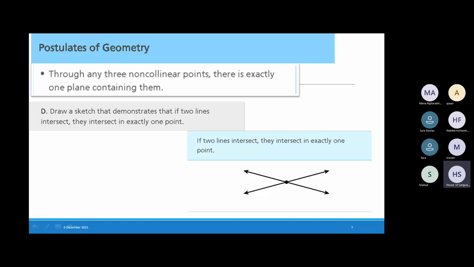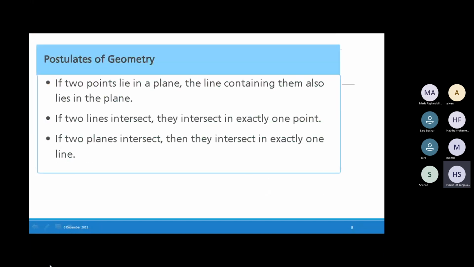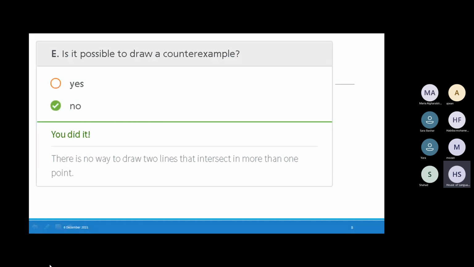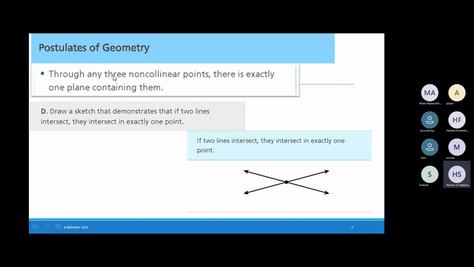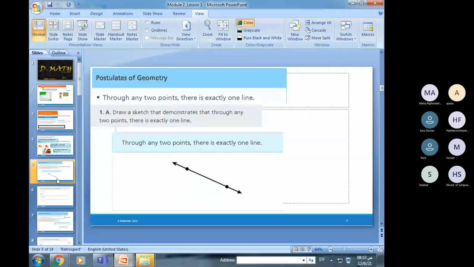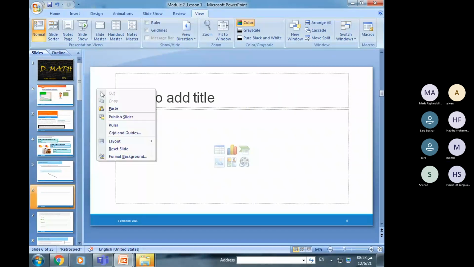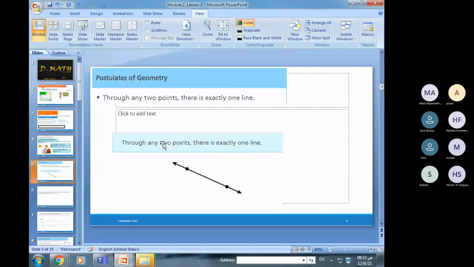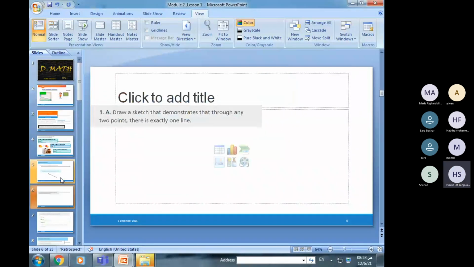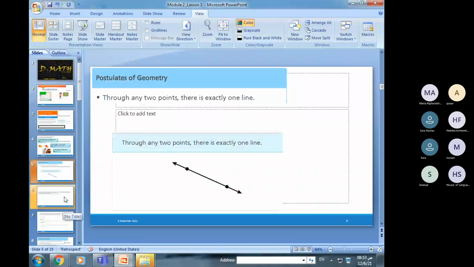Okay, I understand what I did. Just a minute. This postulate is not related to that one. Just a minute.